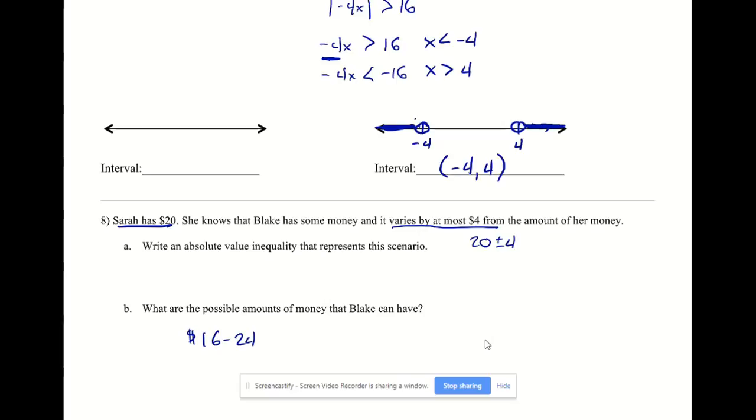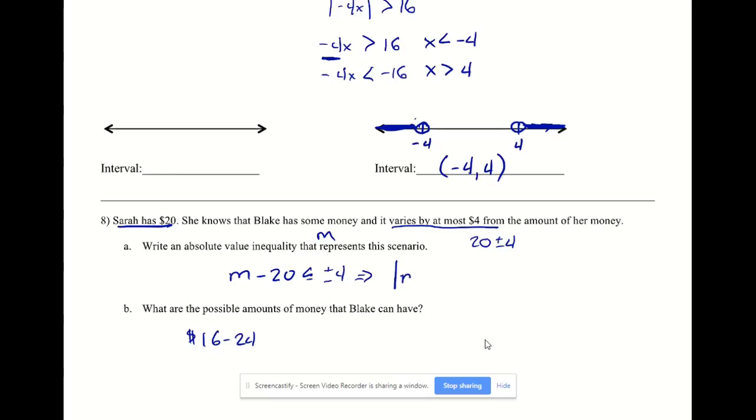Now, the absolute value inequality. The amount of money Blake has, let's call it M. M, when we subtract Sarah's 20, has to equal plus or minus 4. Which means, if we take the absolute value of it, the absolute value has to be less than or equal to 4.